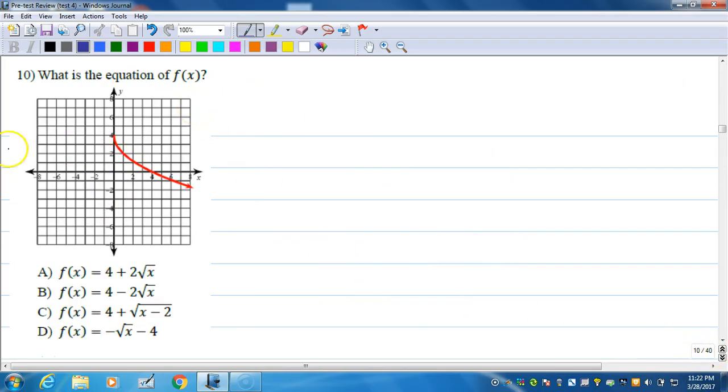Number 10. What is the equation of f of x? Now, if you're in Algebra 2 or Pre-Cal, you can figure this out just by knowing the properties of these rationals. But since we're not in that, we're going to do it by hand. What do you mean by hand? Well, I'm going to cheat.